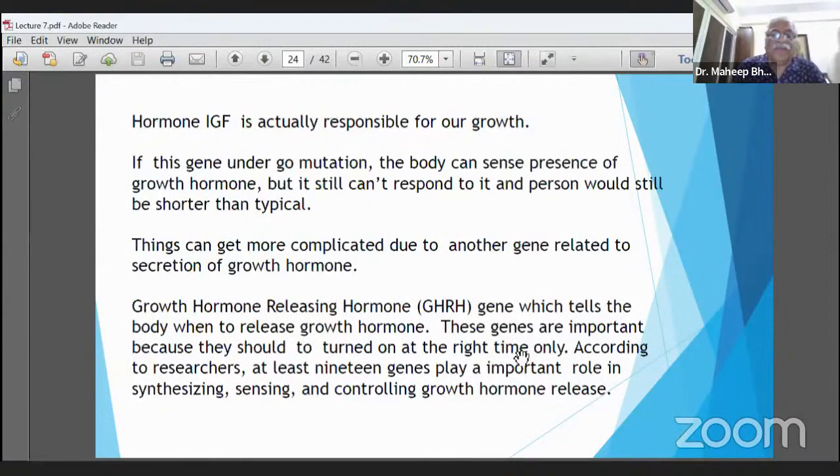So in fact, a large number of genes are involved in one function. Like in growth, it was found that about 19 genes play a role in the action of growth hormone: synthesizing, sensing, receiving, and ultimately controlling the growth hormone release.